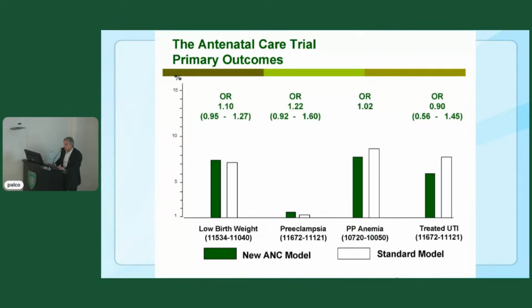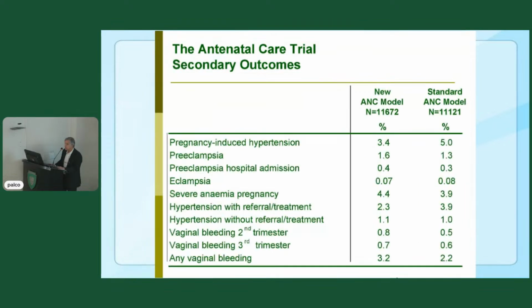The antenatal care trial primary outcomes, I already showed to you, but there's another way. I'm going to look at a bar graph to show these confidence intervals for the different diseases. And you can see the new ANC versus the standard. Even though it's not significant, it looks like there's a little bit of effect for anemia and treated UTI, but not significant.